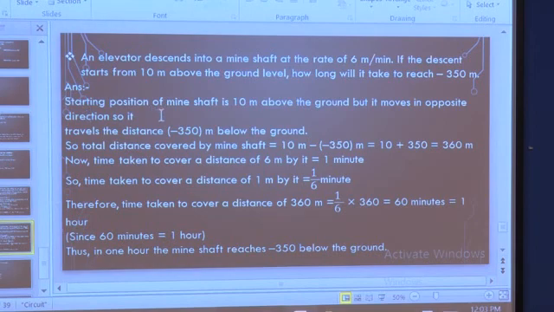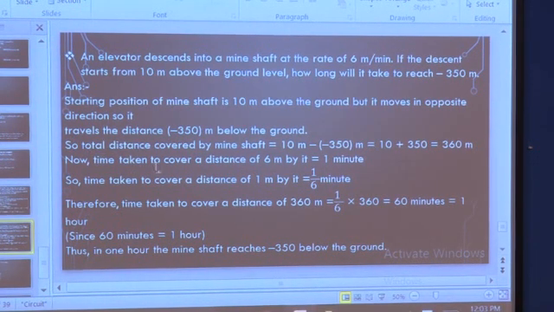The starting position of the mine shaft given to us in the problem is 10 meters above the ground, but it moves in the opposite direction, so it travels a distance of minus 350. It is given in the question, because I already told you it is descending, meaning going down, the opposite of going above, that is, below the ground.